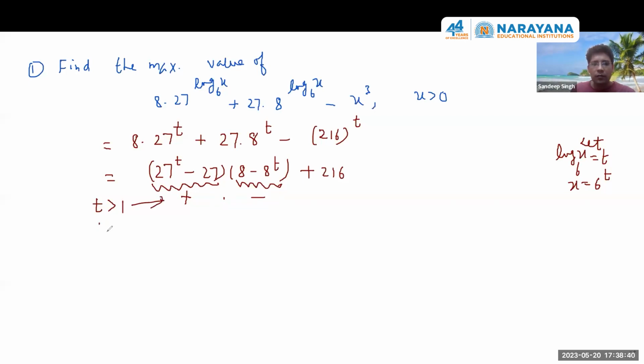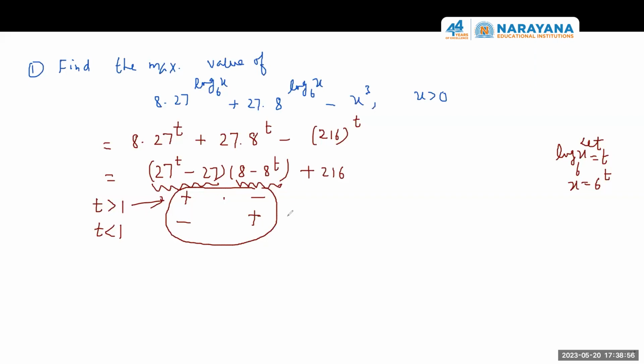In the second case, if you take t smaller than 1, what will happen? The first expression will be negative and the second expression will become positive, but the resultant product will remain negative. Negative means the whole answer will remain smaller than 216.